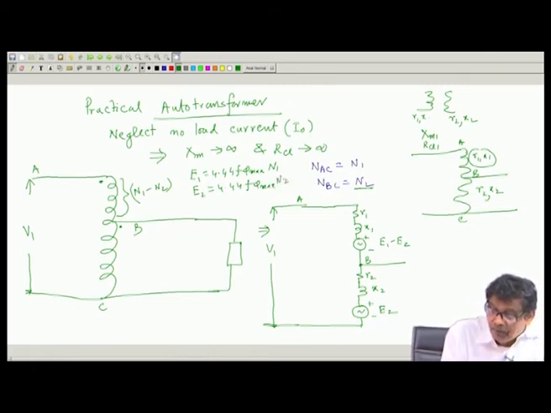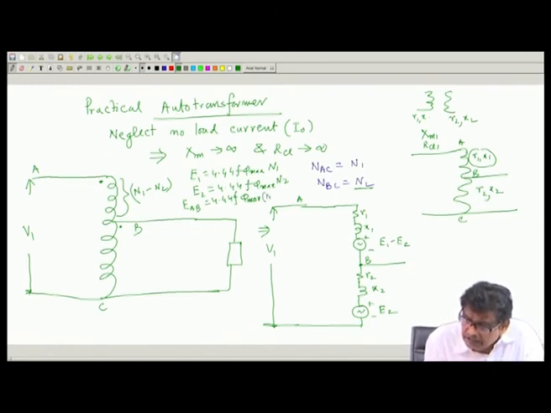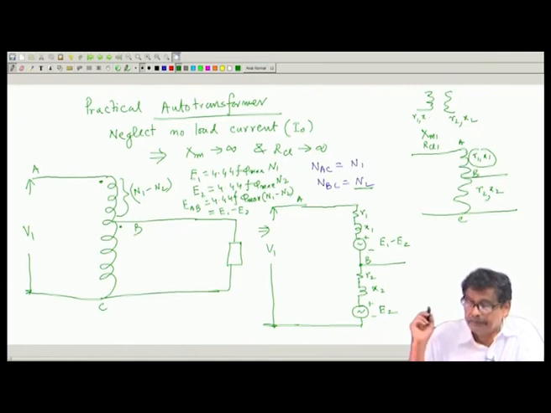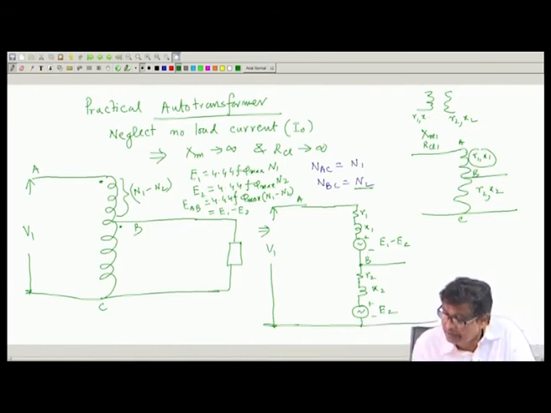And if I ask what is the induced voltage between A and B, it will be equal to 4.44 A phi max into the number of turns between these 2 points, which is nothing but N 1 minus N 2, and that gives me E 1 minus E 2. Got the point? So, this is the thing, and here will be your load.